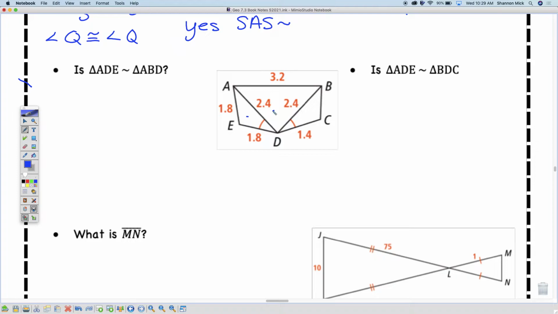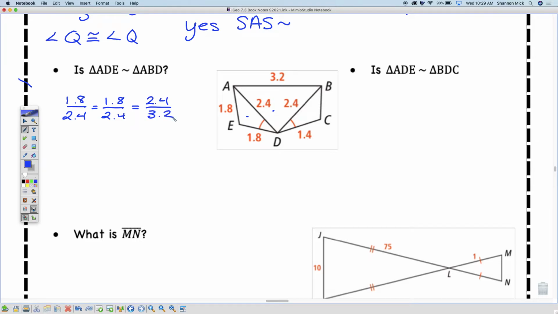So if it is, it's going to be side, side, side, similarity, right? Okay, so 18 over 2.4. 2.4 is going to equal 1.8 over 2.4, which is going to equal 2.4 over 3.2.